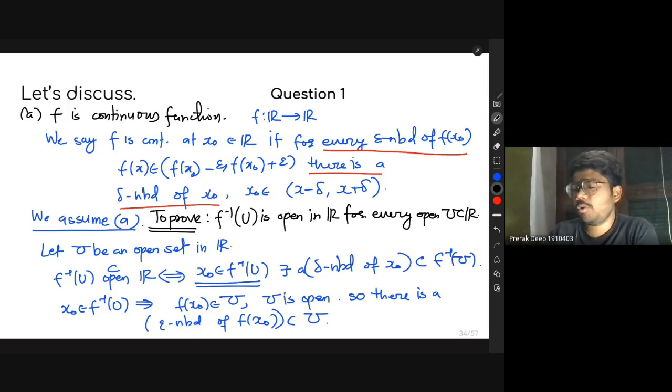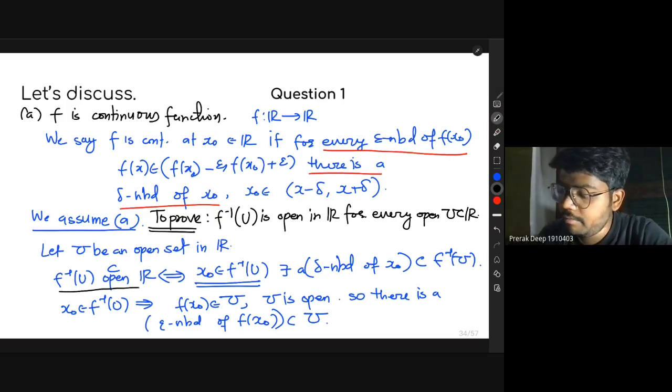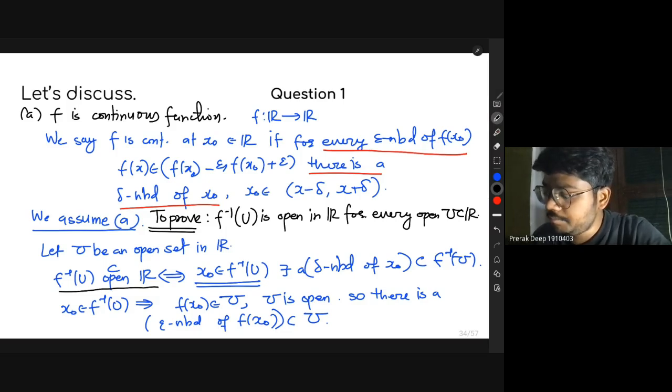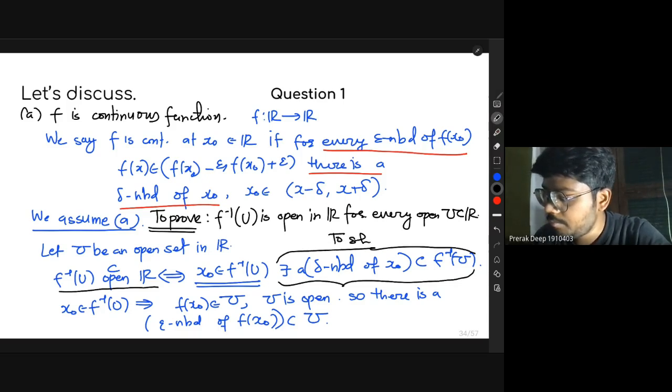So let me just go back to this argument once again. We start with an open set u in R. Now we need to prove that f inverse of u is open in R. So we start with an arbitrary point x naught in the pre-image of u, and we need to show that there exists some delta neighborhood of x naught sitting inside it.